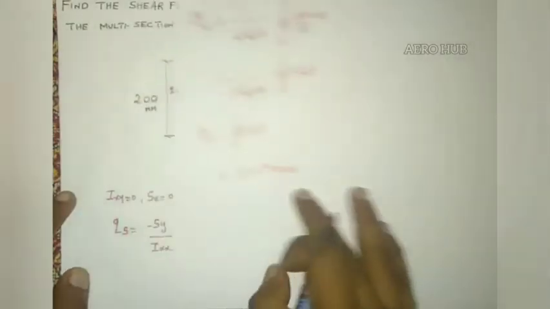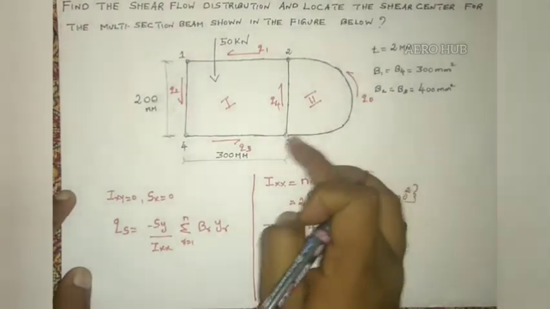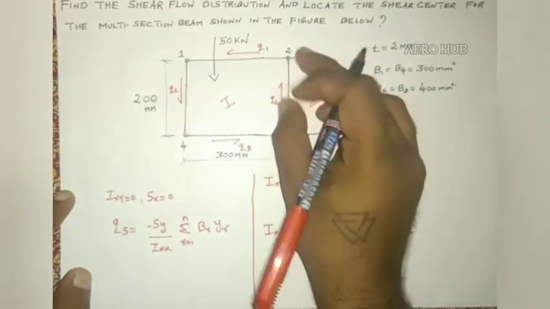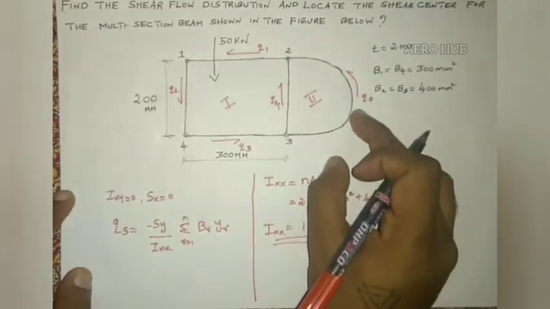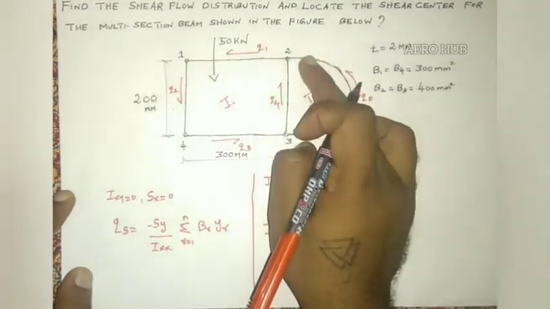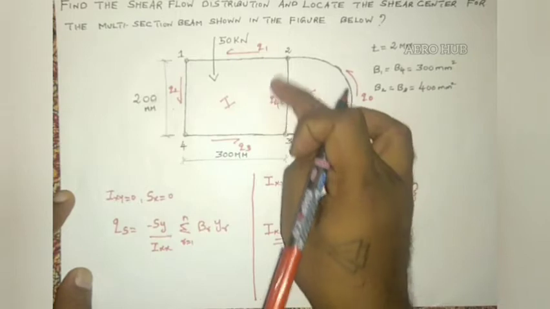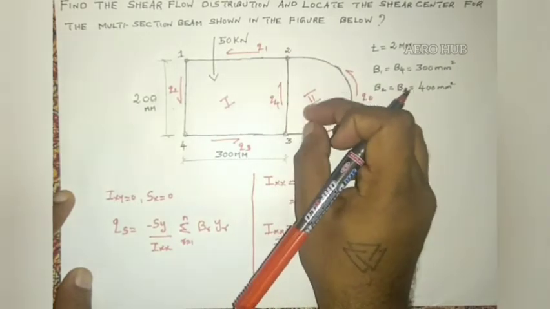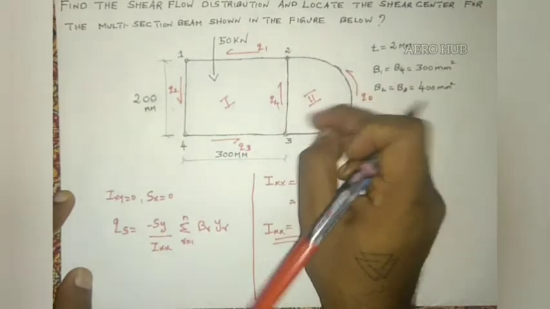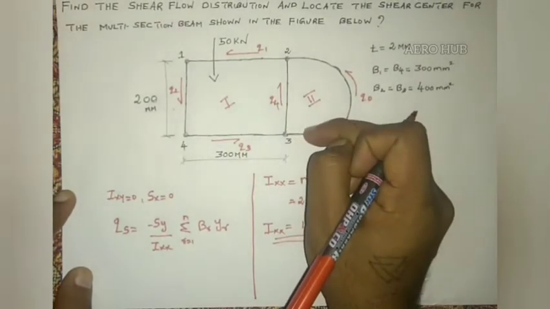Okay. Now in this case we have an anti-clockwise flow for this cell number 2. The Q naught is rotating the cell number 2 in the anti-clockwise direction, but Q4 for cell number 2 is rotating the cell number 2 in clockwise direction. So we have a negative value. Okay, I explain once more.